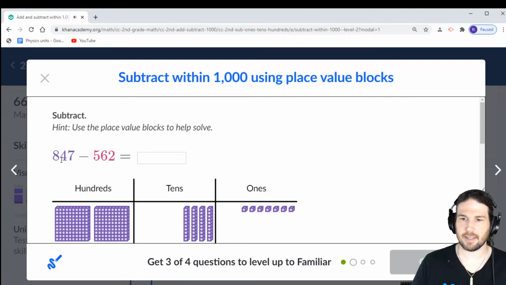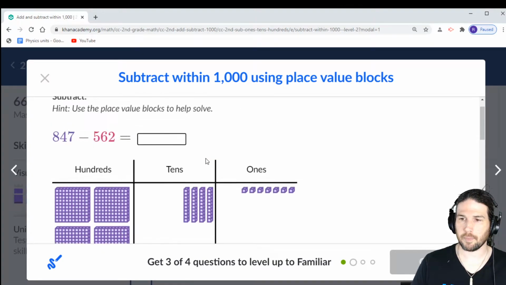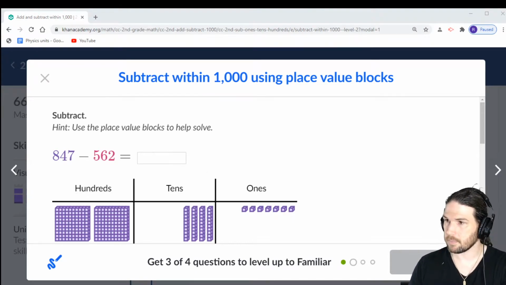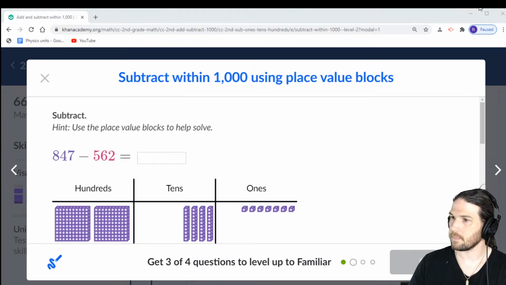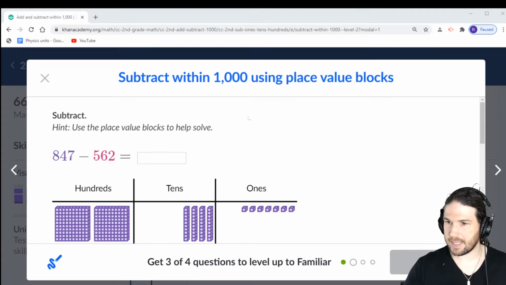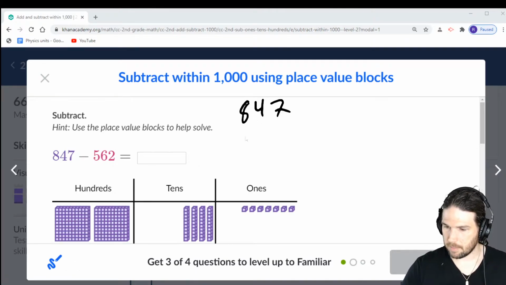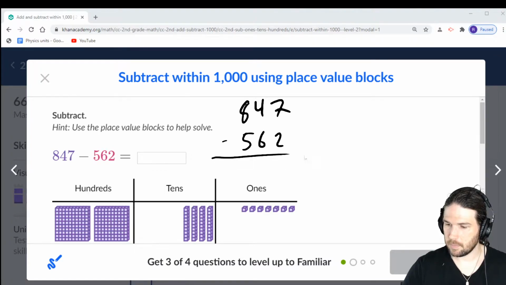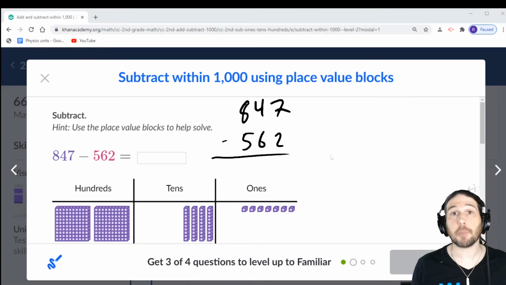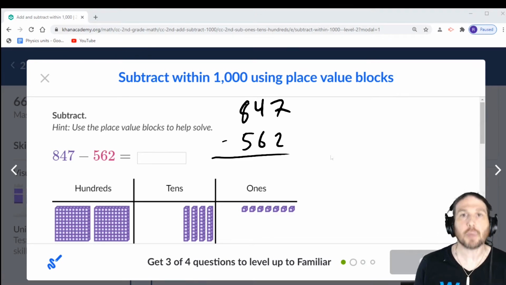847 minus 562. Well, I'm going to go ahead and do this on the board. Let's do this the quote-unquote traditional way, just to make sure that everyone understands that, yes, we do still teach the traditional kind of arithmetic.